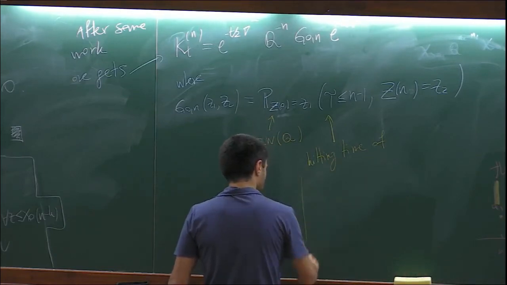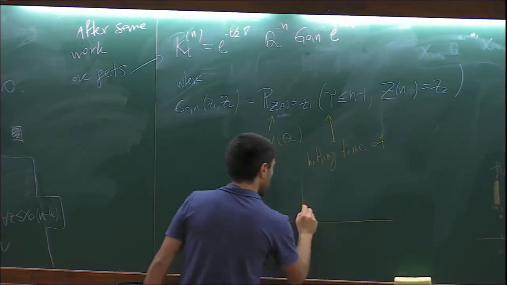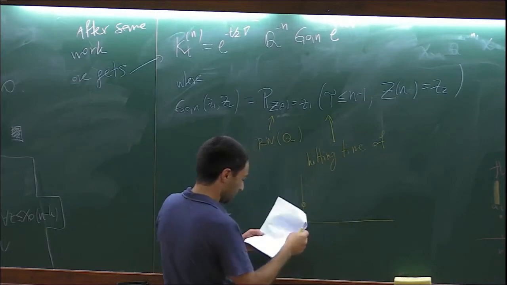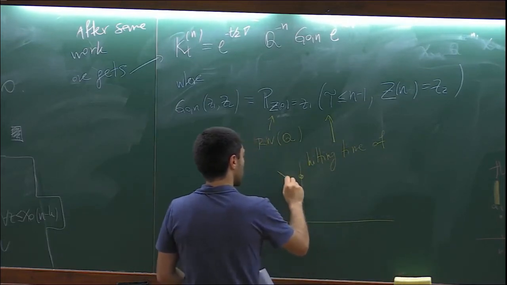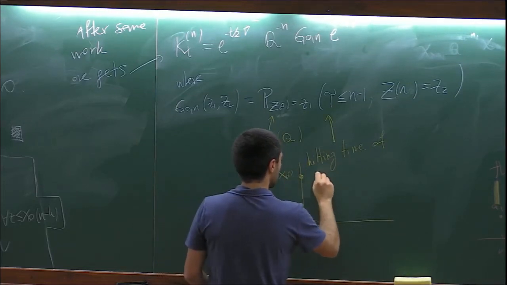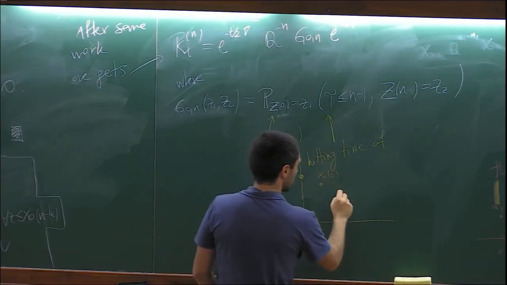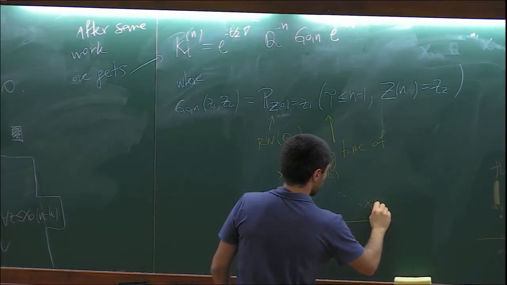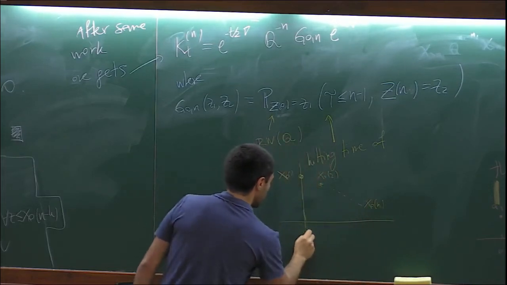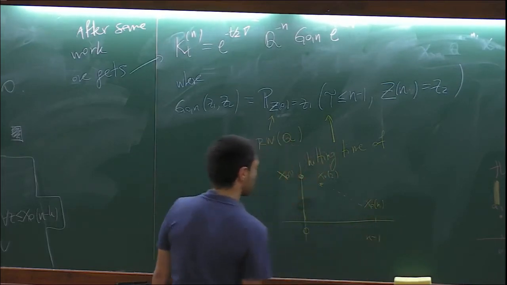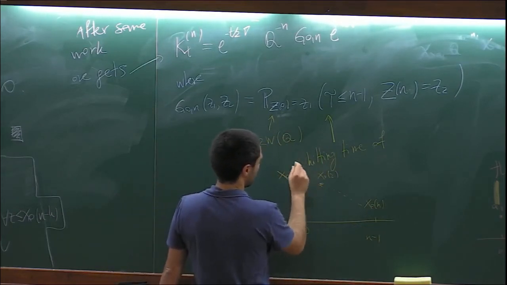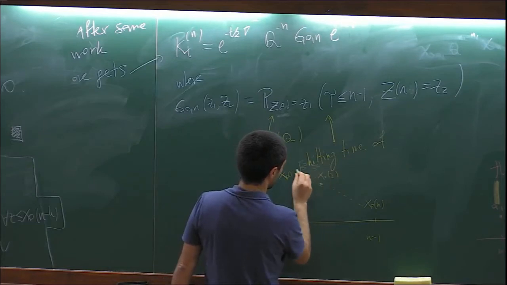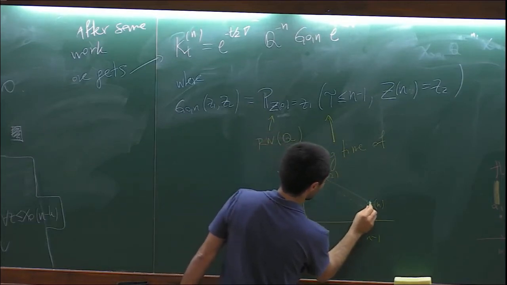I guess it's easier to just draw it. So I have x0 of 1, x0 of 2, up to x0 of n, and they decrease. This is time 0, this is time n minus 1. And what you want to hit is the region just above.